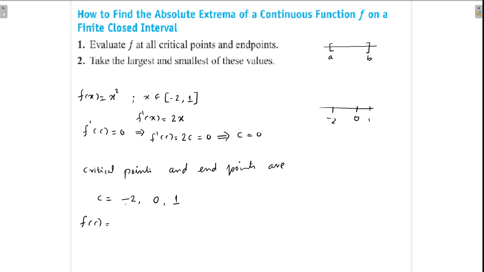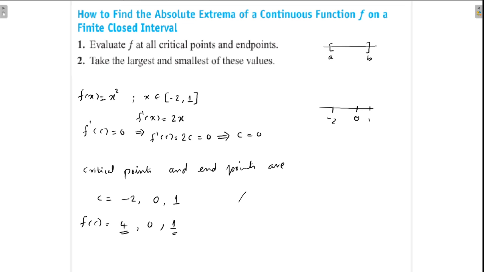When c is equal to -2, f of c is 4, when c is equal to 0, f of c is 0, and when c is equal to 1, f of c is 1, because f of c is c square. Clear? From this you can say that 4 is the absolute maximum value and 0 is the absolute minimum value.